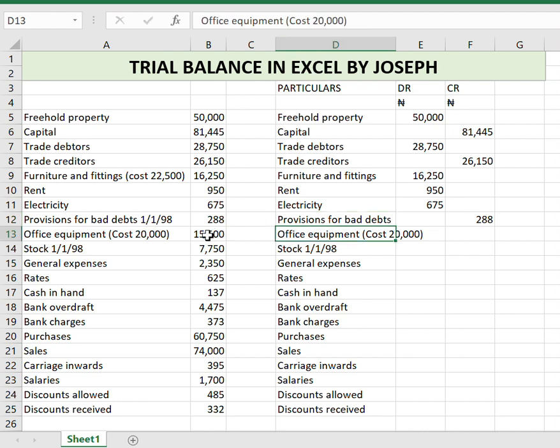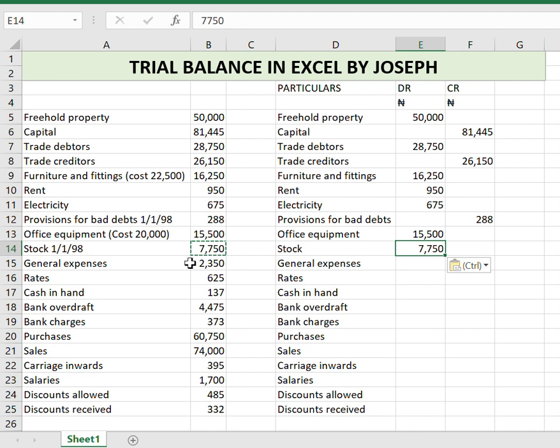For office equipment, it's an asset, so we are going to record it on the debit side. What about stock? Stock is an asset, so I'm going to make an amend here too. Copy the value and take it to the debit side.